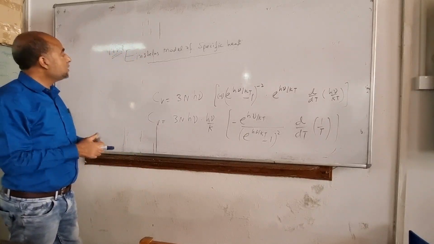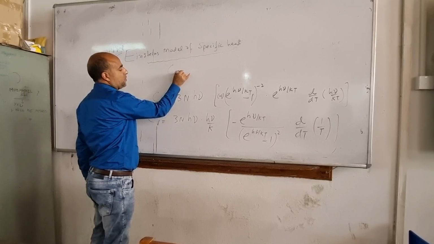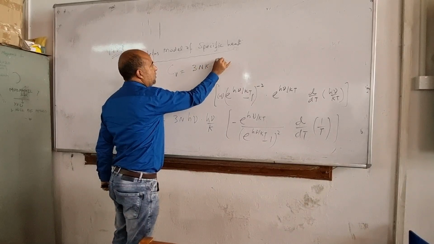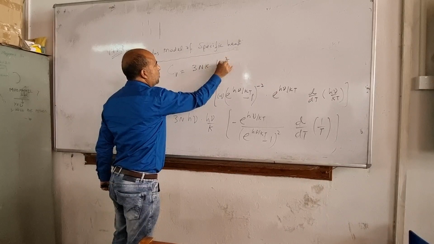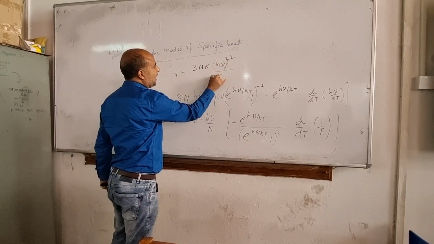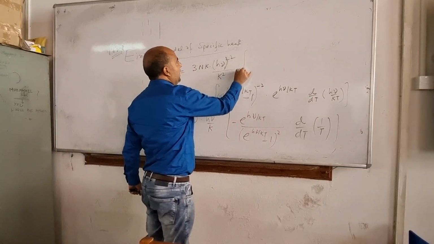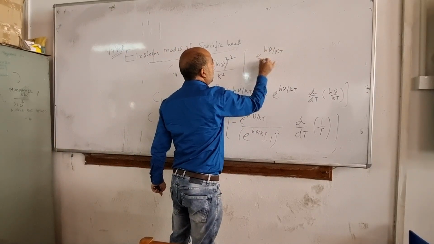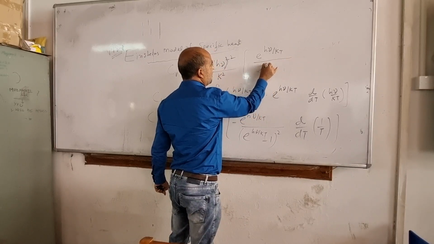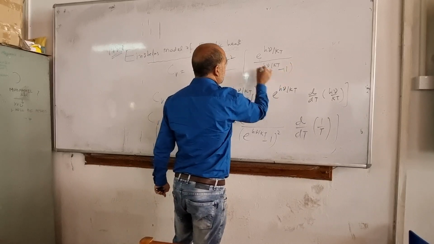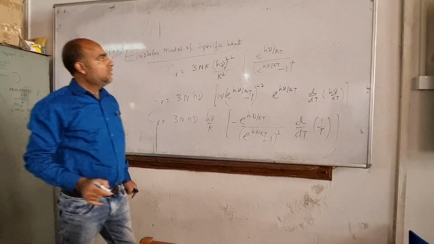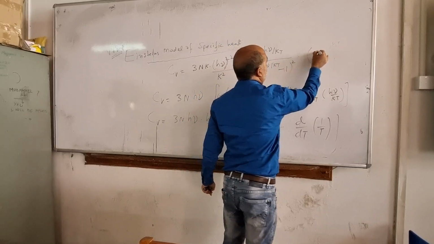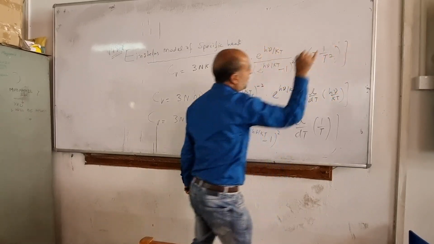Now you see what your expression becomes. So your expression is now Cv is equal to 3n k. I am introducing k here, here (h nu) whole square divided by k square. Okay. So inside you will be having e raised power h nu by kt divided by (e raised power h nu by kt minus 1) whole square. Okay? But here it was minus 1, so it is here minus 1 by t square.